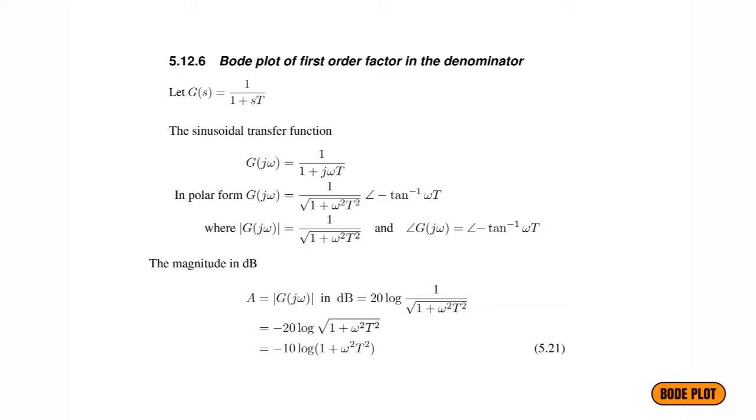Now let us see the Bode plot for the first order factor in the denominator, that is 1 by tau s plus 1, or 1 by 1 plus s tau, where tau is the time constant of the system. Here the coefficient of s is the time constant, that's why it is called the time constant form. If we convert this into the sinusoidal transfer function, G of j omega equal to 1 by 1 plus j omega tau.